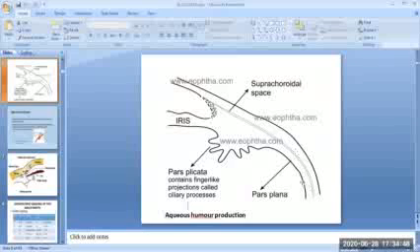The pars plicata has these finger-like projections, called the ciliary processes, and these ciliary processes are responsible for aqueous humor production.